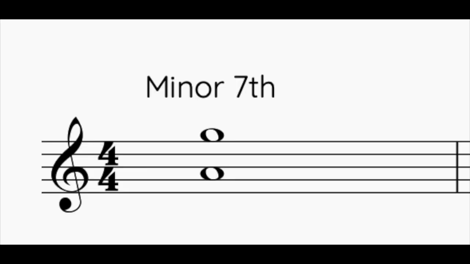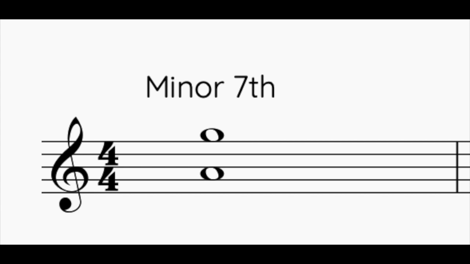So then, Mr. Barker, can I diminish or augment a non-perfect interval? Why, yes, you can. If I take a major sixth and I bring it up a half step, you might think, oh, that's a minor seventh. Well, if I have an A to a G, that is a minor seventh.